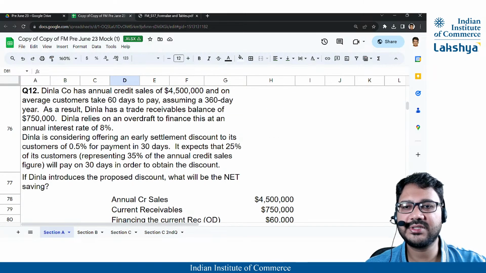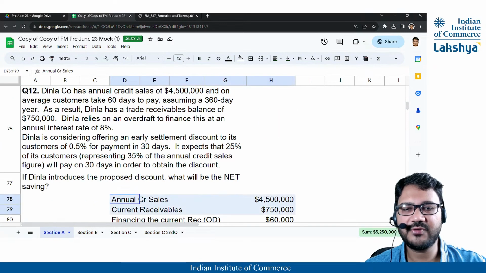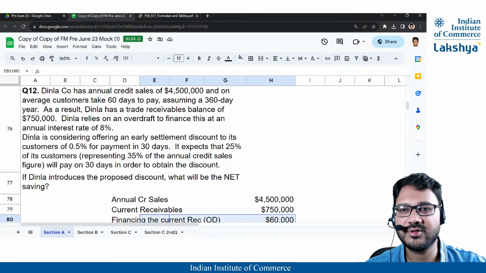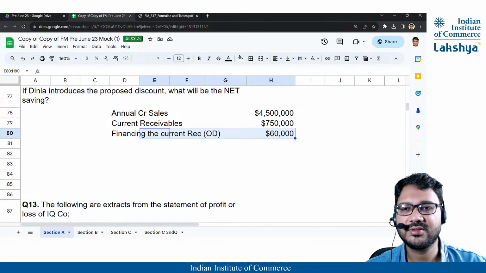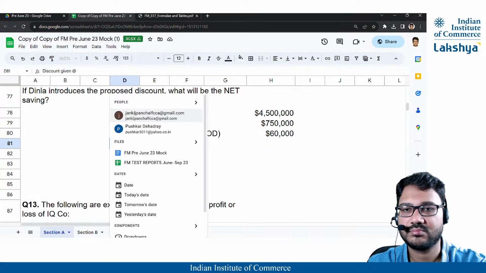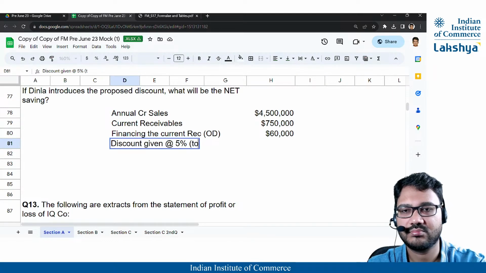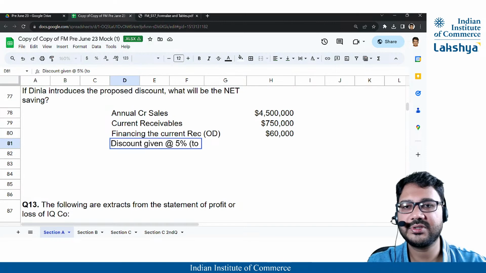Now, how much discount do we give? So these two pieces of information are given. Based on that, we found out what our financing is. 8% overdraft. Next, the discount is 0.5%. So the discount is given to what percentage of sales?